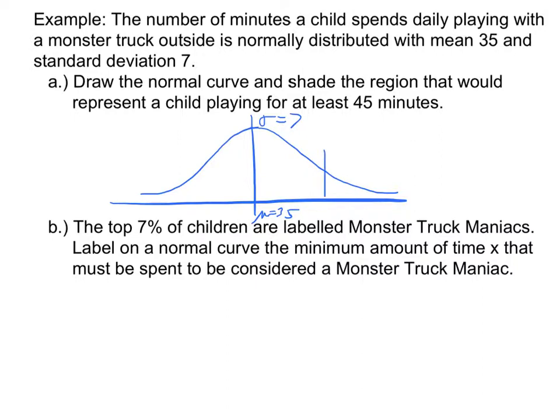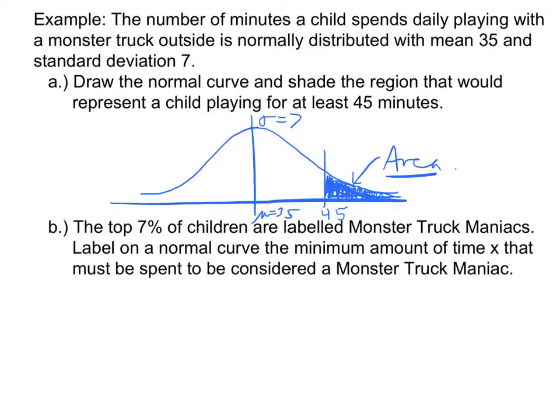So there's some value up here, 45, and I am shading above that. If I was actually solving this problem, I would want to know what that area was in order to figure out the proportion of children that played for more than 45 minutes with a monster truck outside.